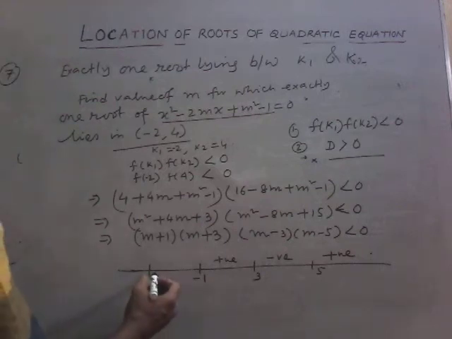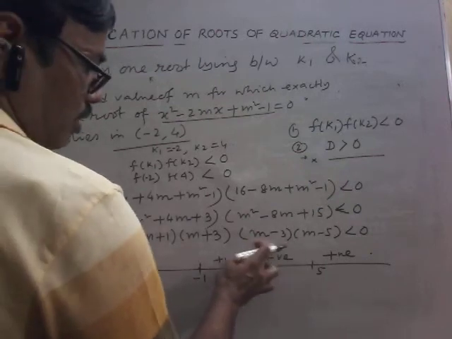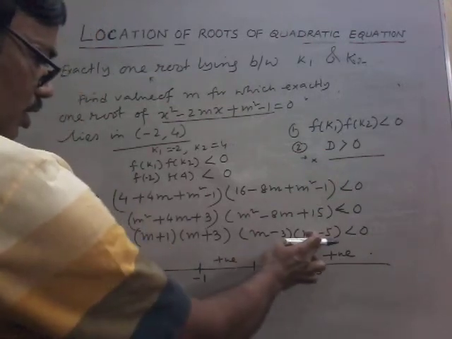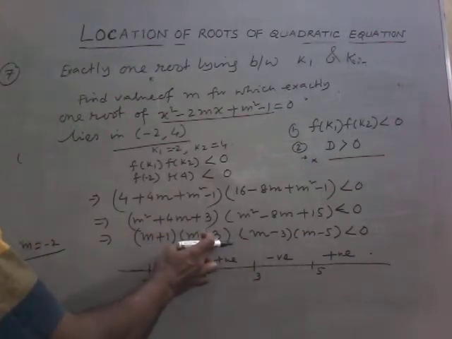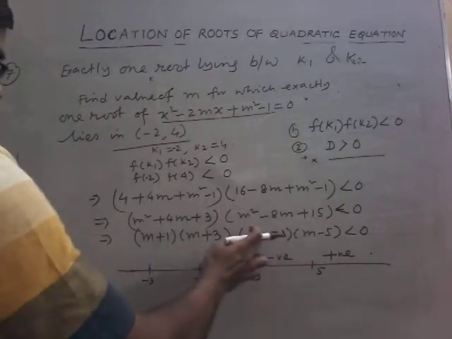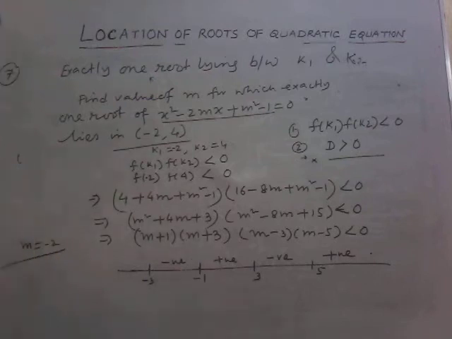And in between -3 and -1, we can take m equals to -2. So at m equals to -2, this one is negative, this one is negative, so this is positive. Only this one is positive. Negative, negative, negative, 3 negative, so this is negative.